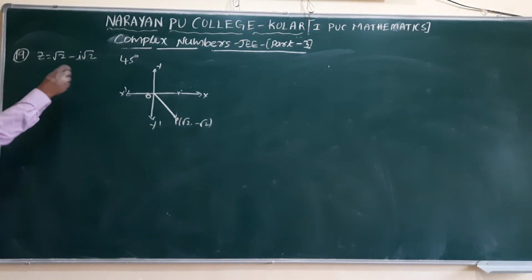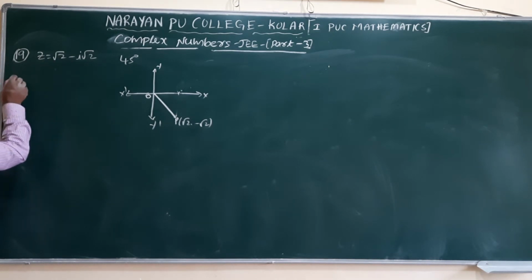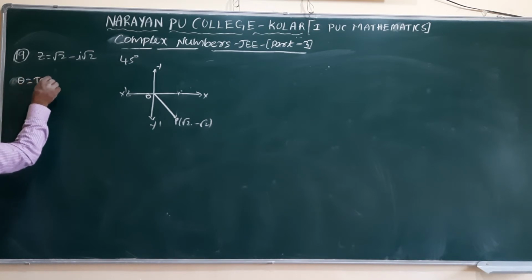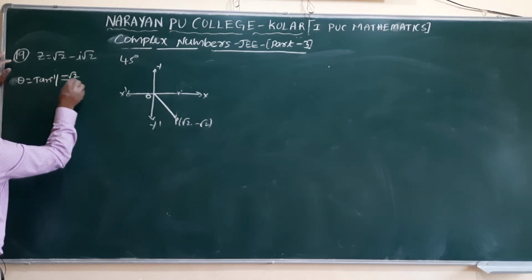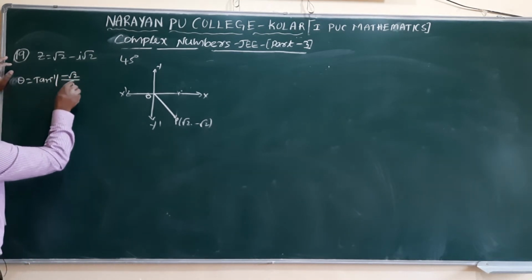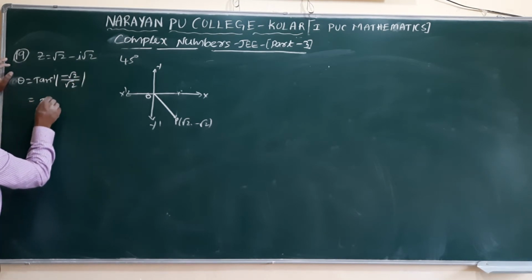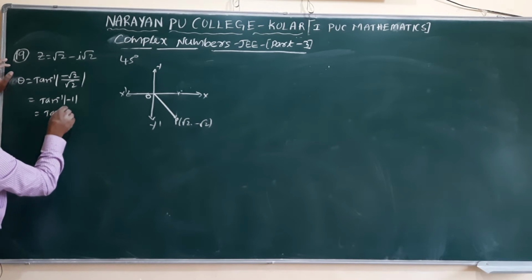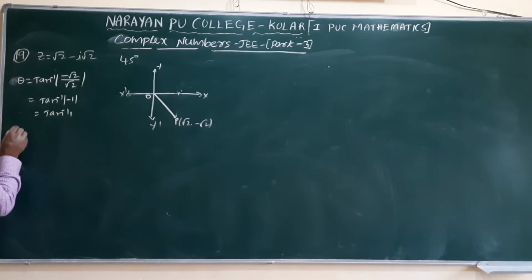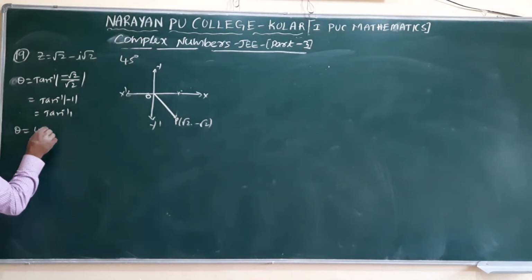Here we have to find the argument. So tan theta, the theta is equal to tan inverse of modulus of y by x. Y value minus root 2 by root 2, tan inverse of modulus of 1, we are getting tan inverse of 1, so theta value is 45 degrees.